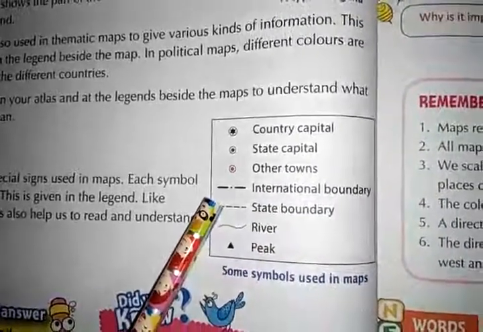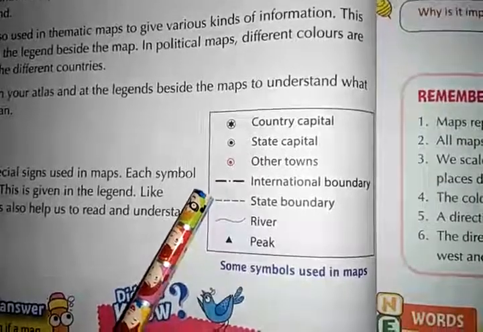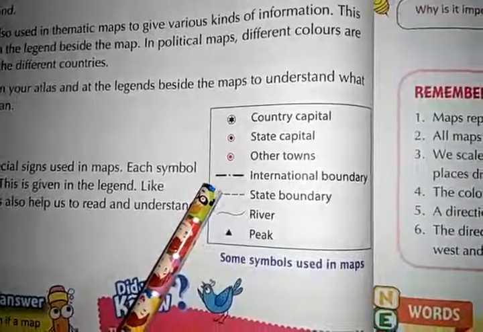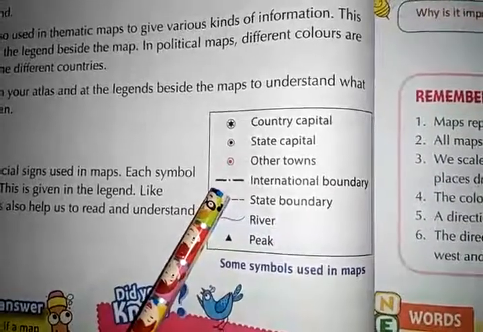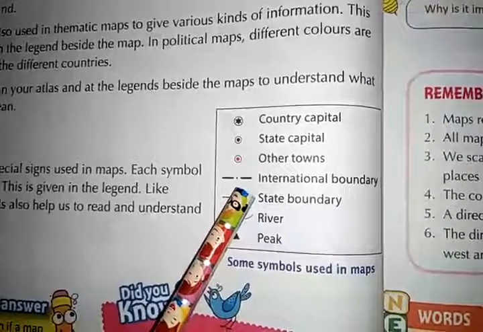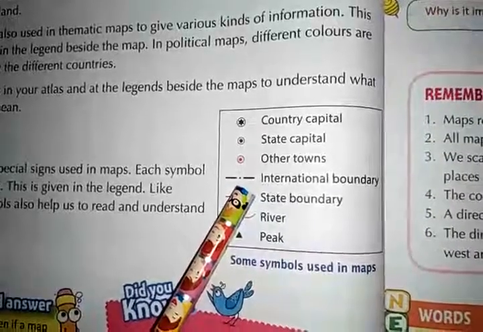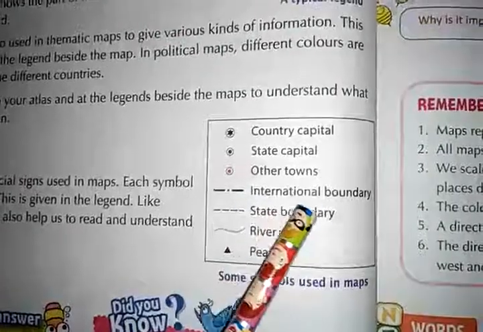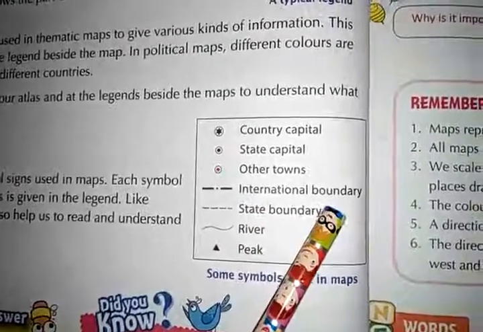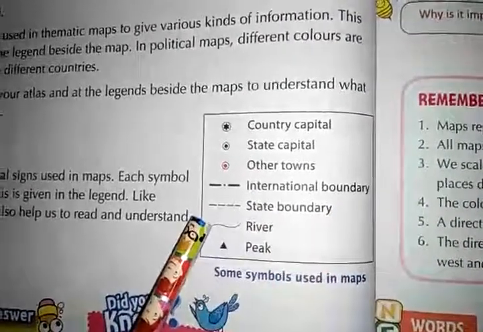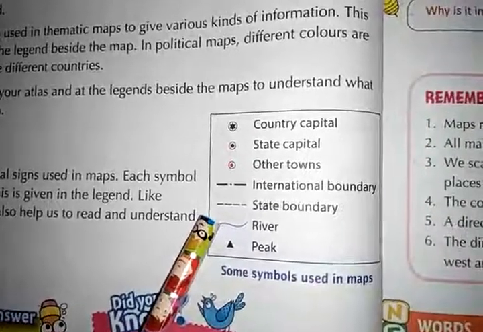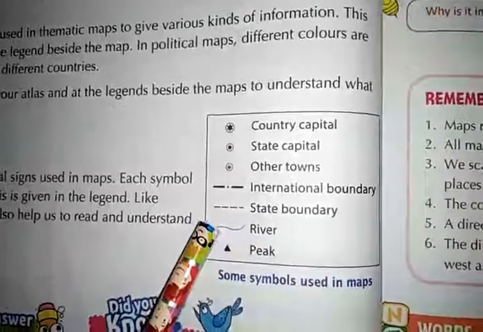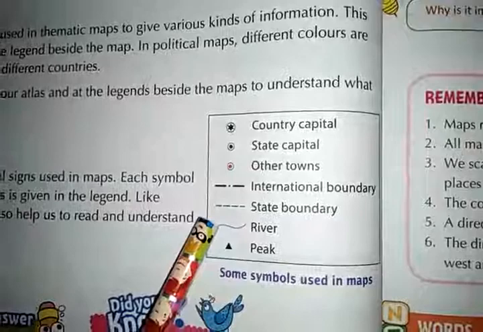The fourth one, bold dash, then one small dot, again bold dash. It shows international boundary. Then light and thin dashes.